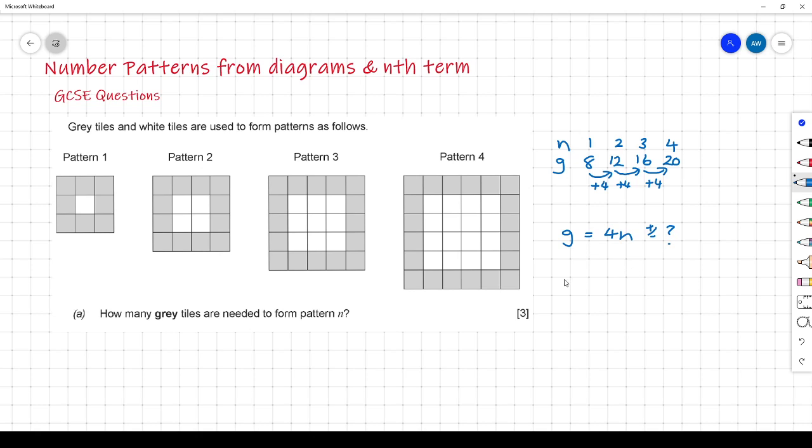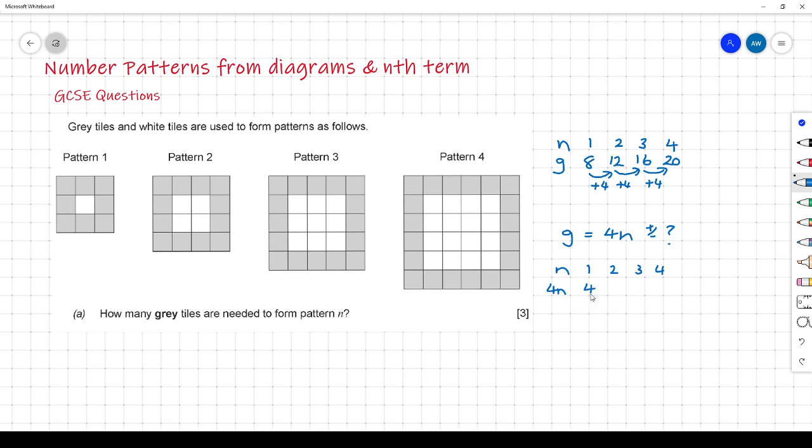So what do we do? We write the sequence that 4n gives us. So I write n there, I write 1, 2, 3, 4, and write 4n.